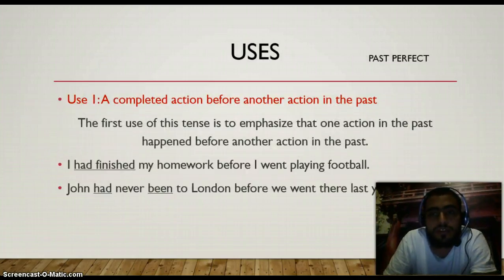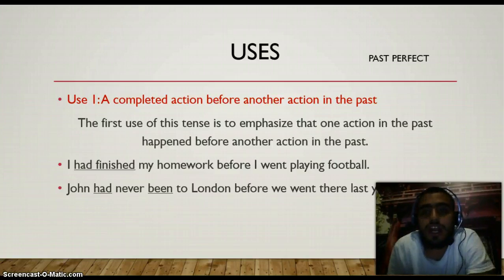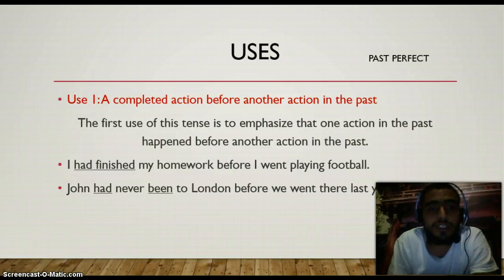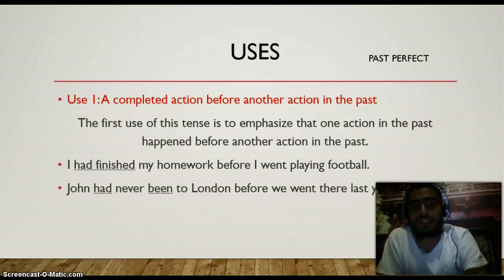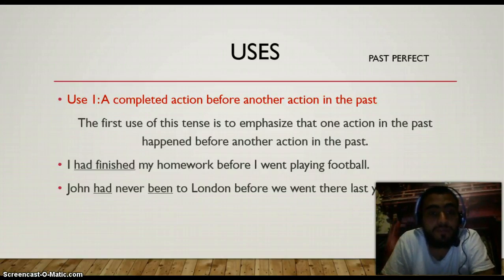So the uses of past perfect: use number one, a complete action before another action in the past. The first use of this tense is to emphasize that one action in the past happened before another action in the past. The example: I had finished my homework before I went playing football.